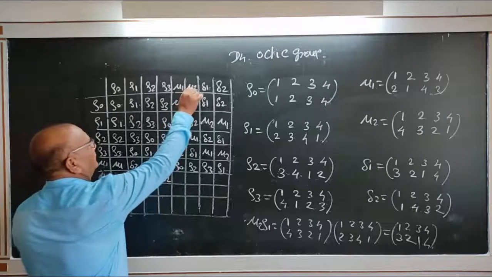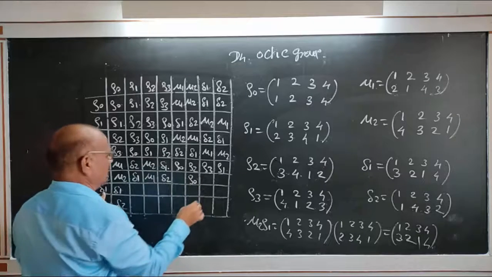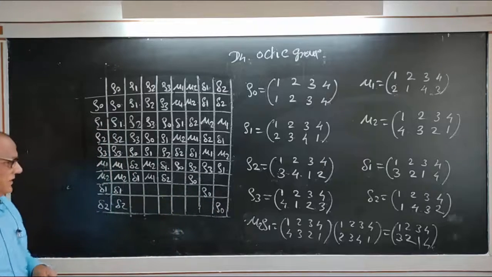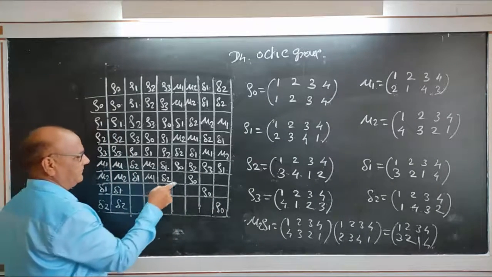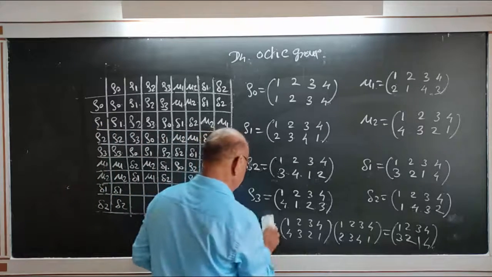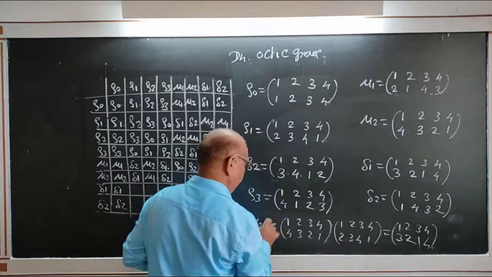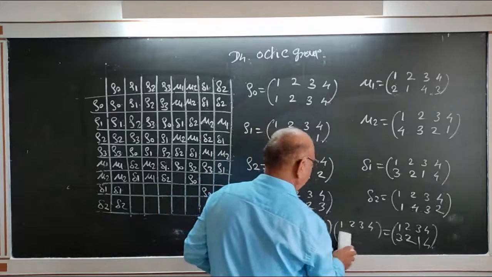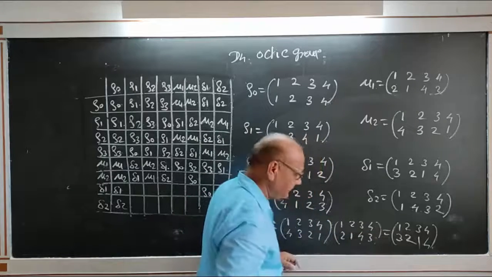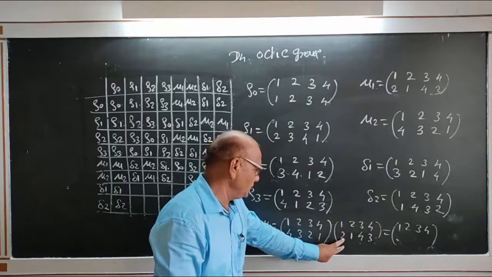Now mu 2 into mu 2. Here row 0. Delta 1 into delta 1, row 0 like this. Delta 2 into delta 2, row 0. Here mu 2 into mu 1. This is mu 2, mu 1: 2, 1, 4, 3. See here, 1 goes to 2.